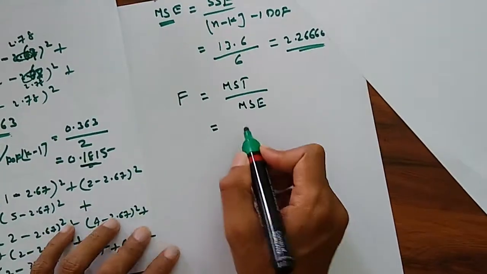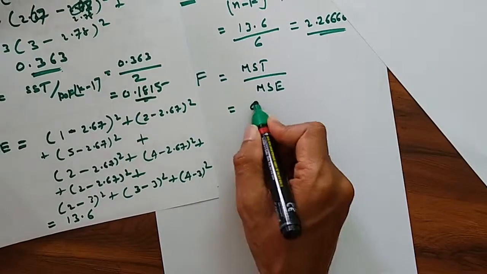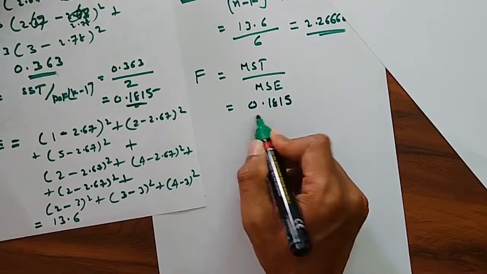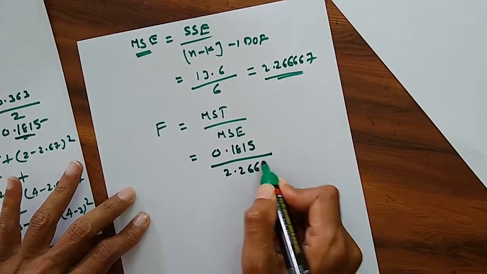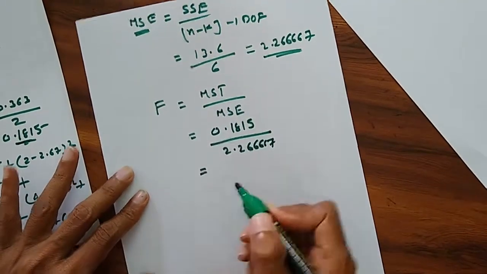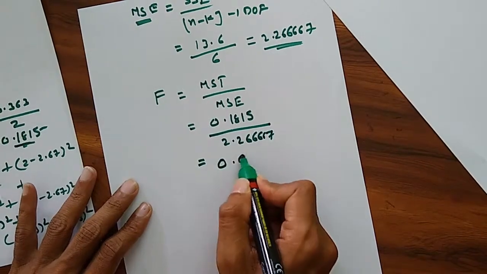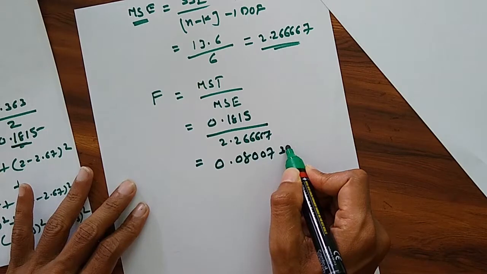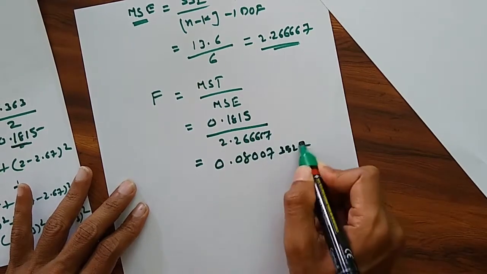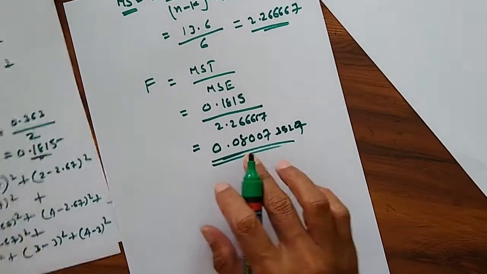That means MST, 0.1815, divided by our MSE value 2.26667, so we get 0.08073, some number like 0.08.